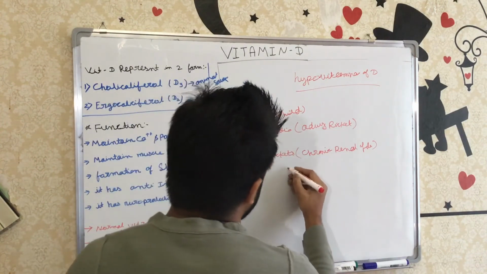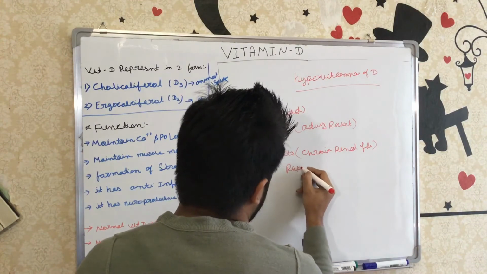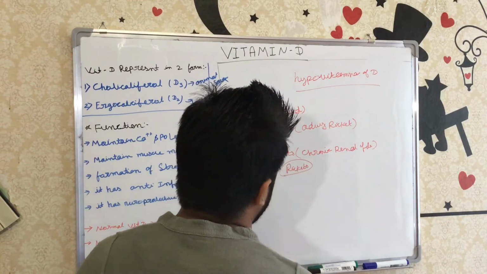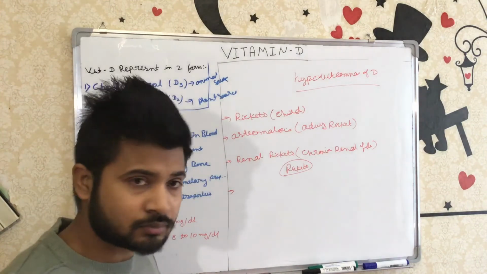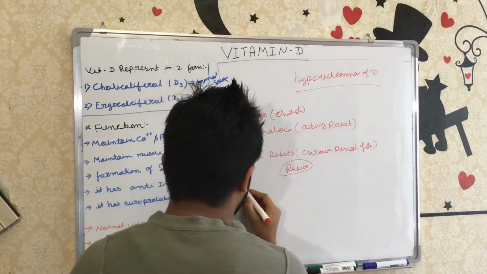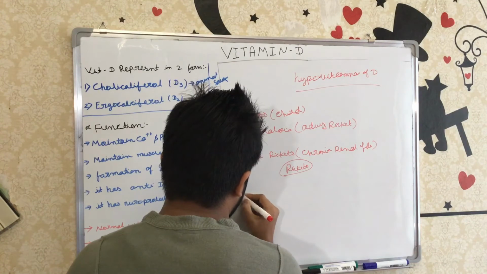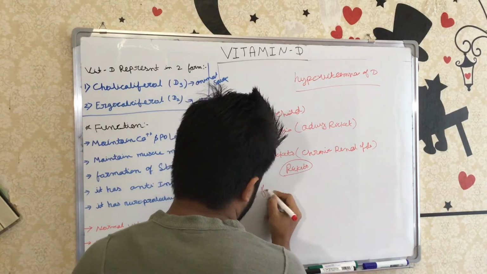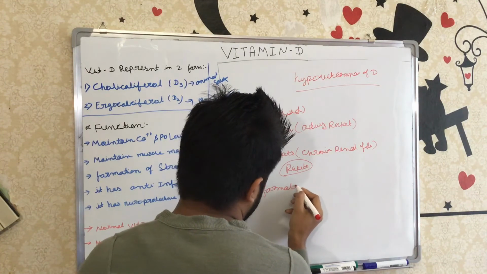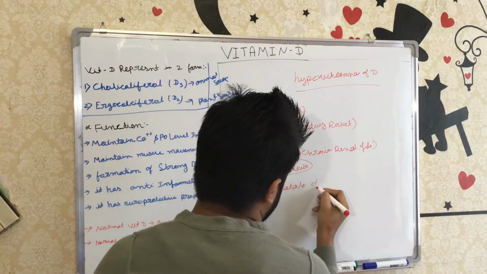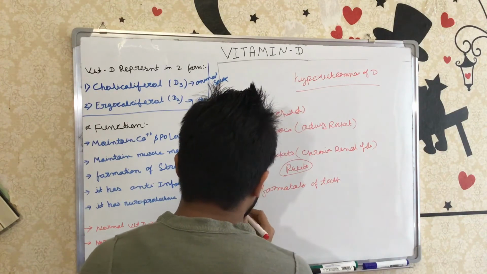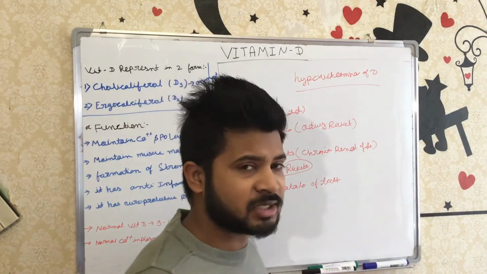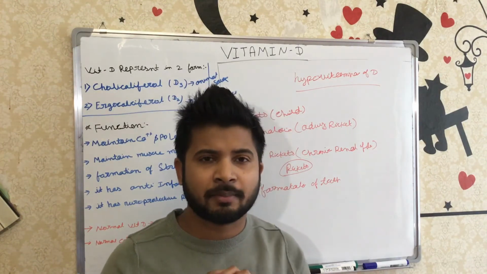Let's discuss rickets very briefly. In rickets, what problems will occur? In the baby, first there is delayed formation of teeth. Then from the upper extremities to the lower extremities, the bones become abnormal.